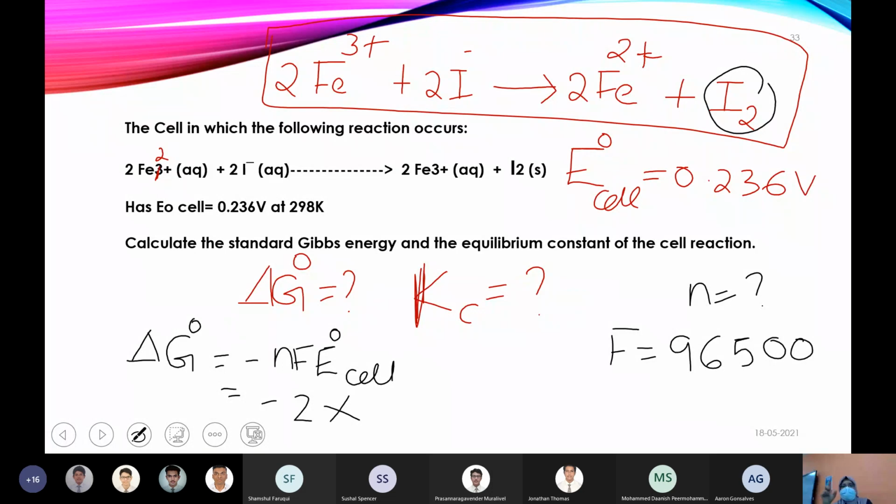So in order to form a product, there should be 2 atoms of iodine. Without that, you can't make it. There is no individual existence as I. So minimum 2 iodine atoms should join to form I2. So there should be a release of 2 electrons. That is compulsory. That is why we are making it 2 here, to balance the charge.